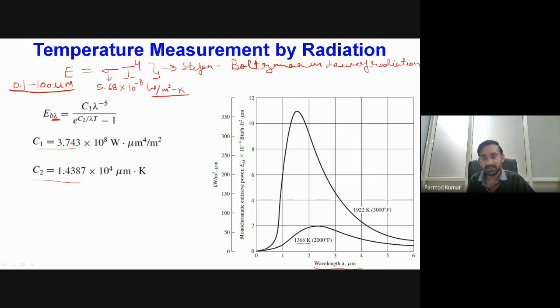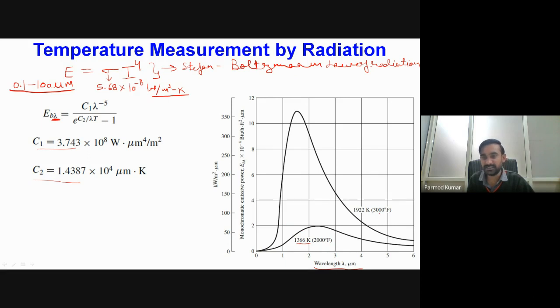You can see that when the temperature of the surface increases, the amount of radiation the surface emits obviously increases. With wavelength, initially the radiative emissive power increases, reaches a certain maximum value, and after that decreases again.